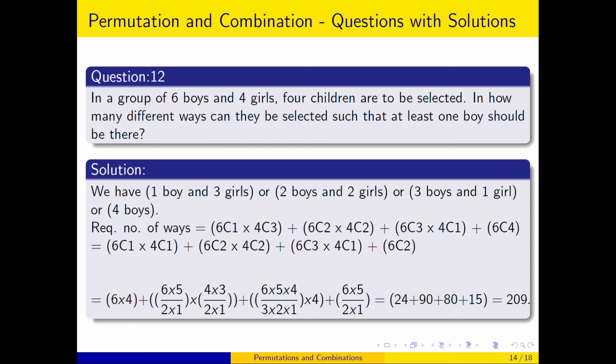So we select from 6 boys and 4 girls, 4 children in total: 6C1 into 4C3 plus 6C2 into 4C2 plus 6C3 into 4C1 plus 6C4, which is equal to 209.